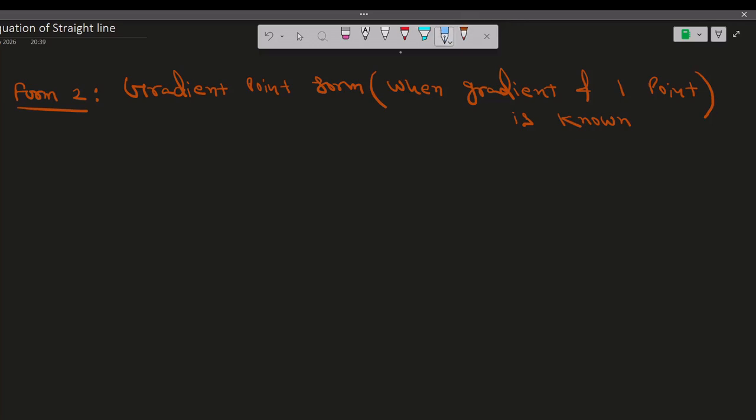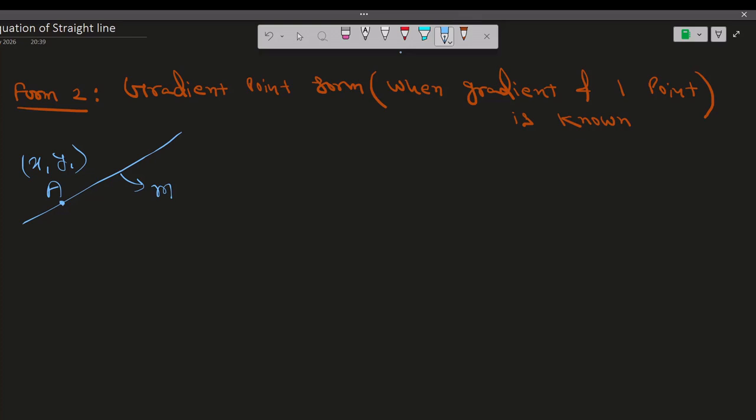Let us take this one. This is some line whose equation we need to find, and this is point A, let us say with coordinates x1, y1. And we know the gradient is m.